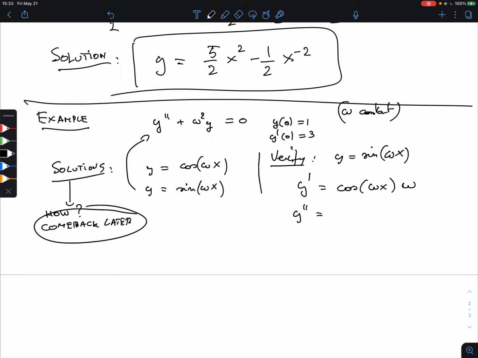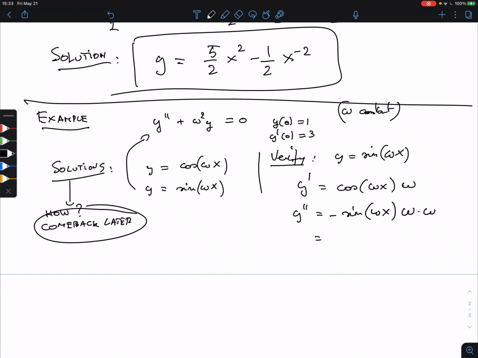What is y double prime? Take the derivative of cosine, which is minus sine, plug in the inside function, and multiply with the derivative of the inside function, omega, but I still had an omega. So I get actually minus omega squared sine omega x. And if I now plug this in here, I'm using y'' and y, not y prime.